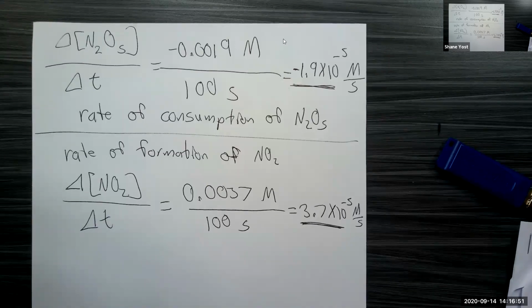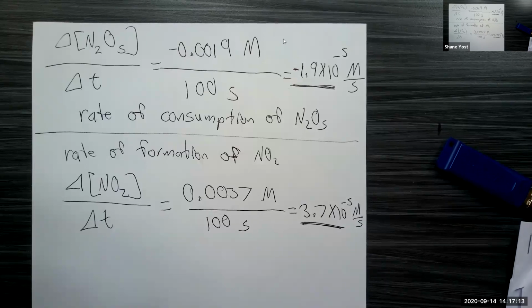Yeah, right. So, kind of ignoring the negative sign, the negative sign is just telling us that we're losing concentration, but the magnitude here, 1.9 times 10 to the minus 5, is roughly half of 3.7 times 10 to the minus 5. Round it up, multiply this by 2, and you get 3.7 times 10 to the minus 5. Okay?